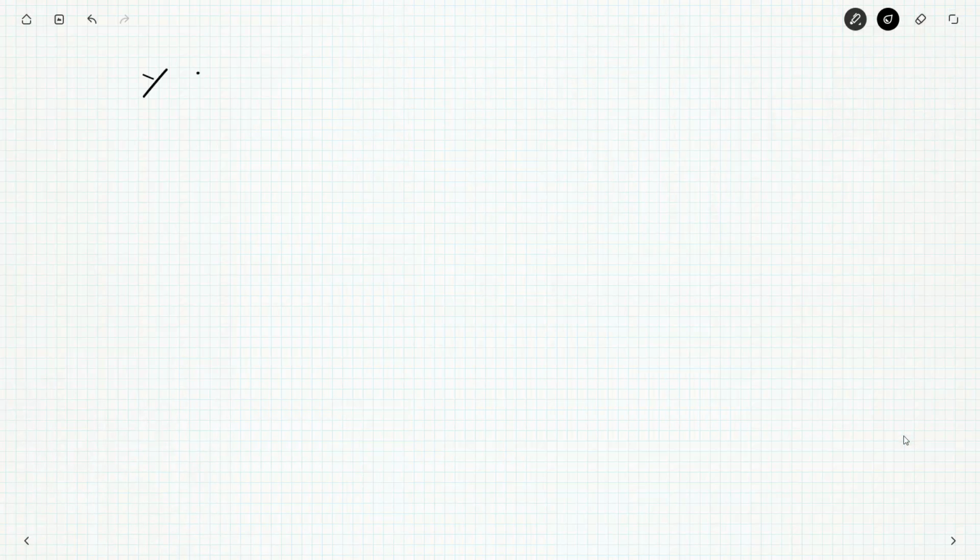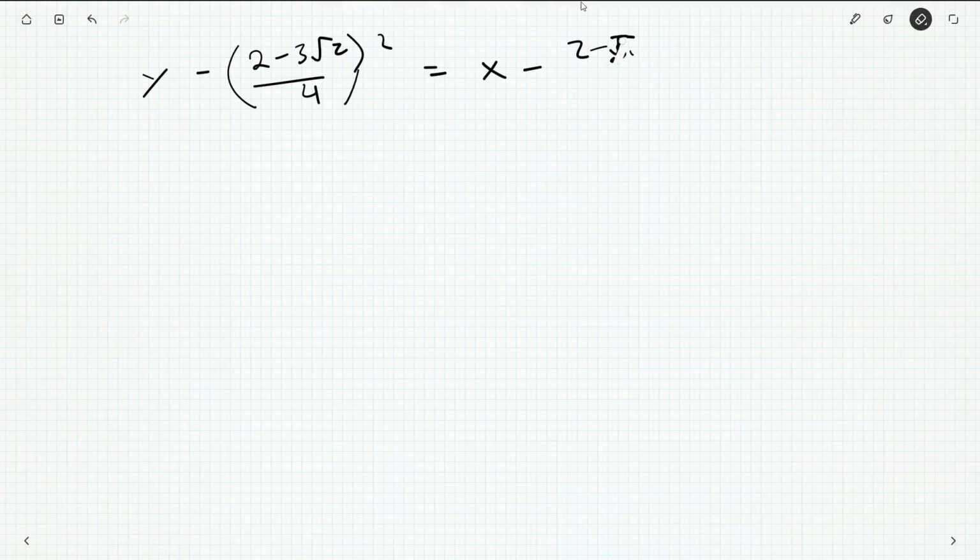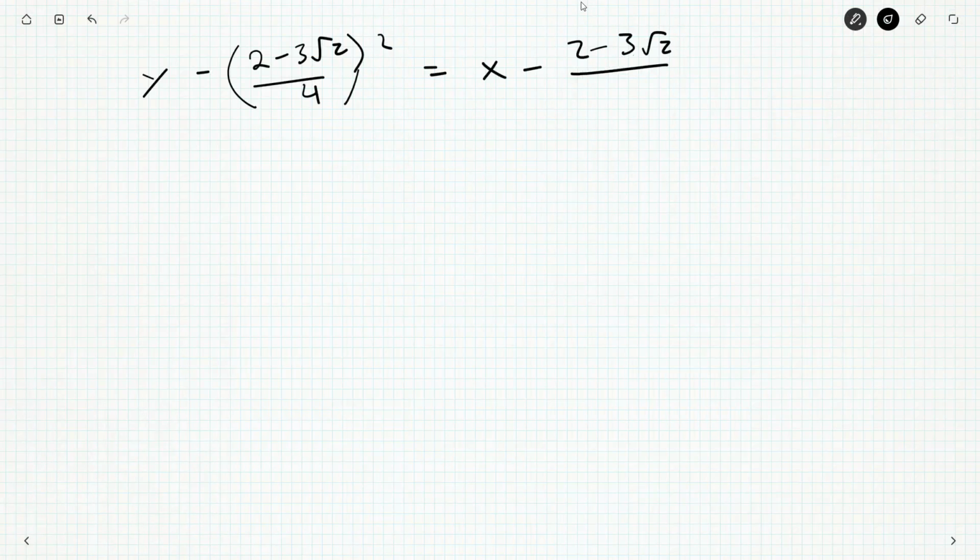So we could say it's y minus 2 minus 3 root 2 all over 4 squared equals x minus 2 minus 3 root 2 all over 4. I probably actually should have used the b values, but it doesn't really matter.